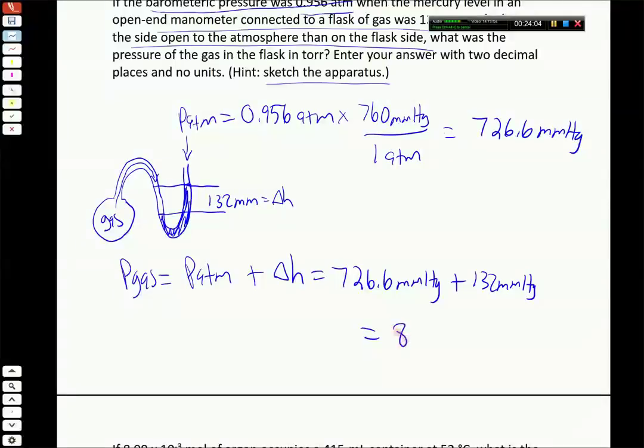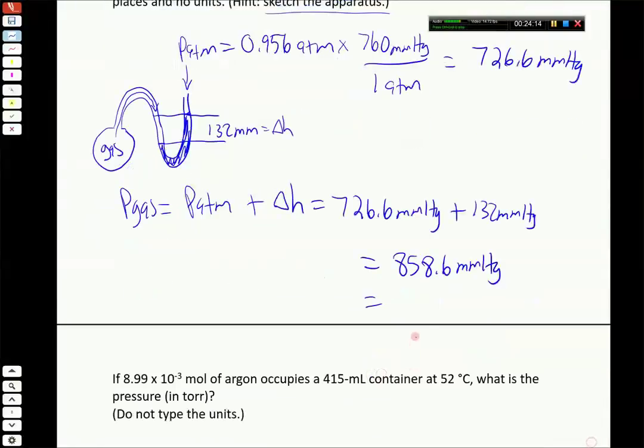This comes out to 858.6 millimeters of mercury. And remember that millimeters of mercury and torr, which is the unit we want, are equivalent to each other. We'll round to the correct number of significant figures and write this as 859 torr. Okay? So that's how we approach this one.